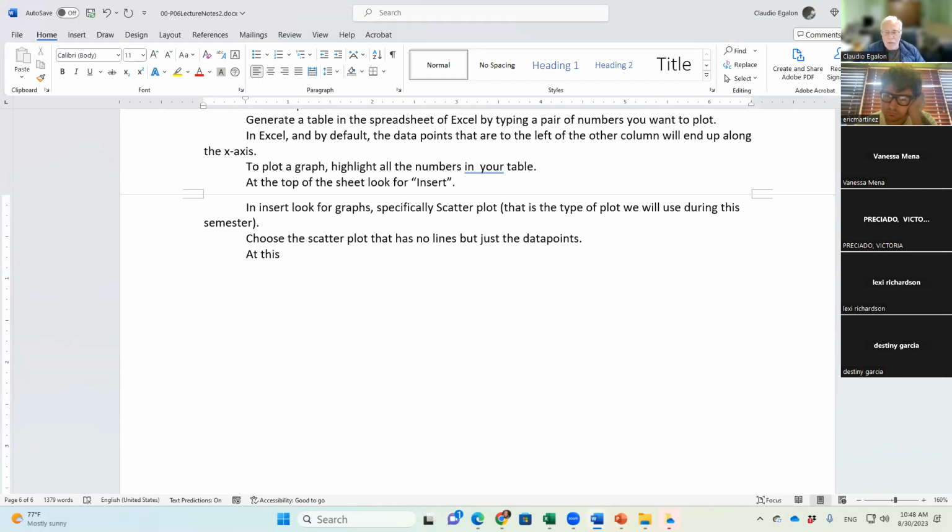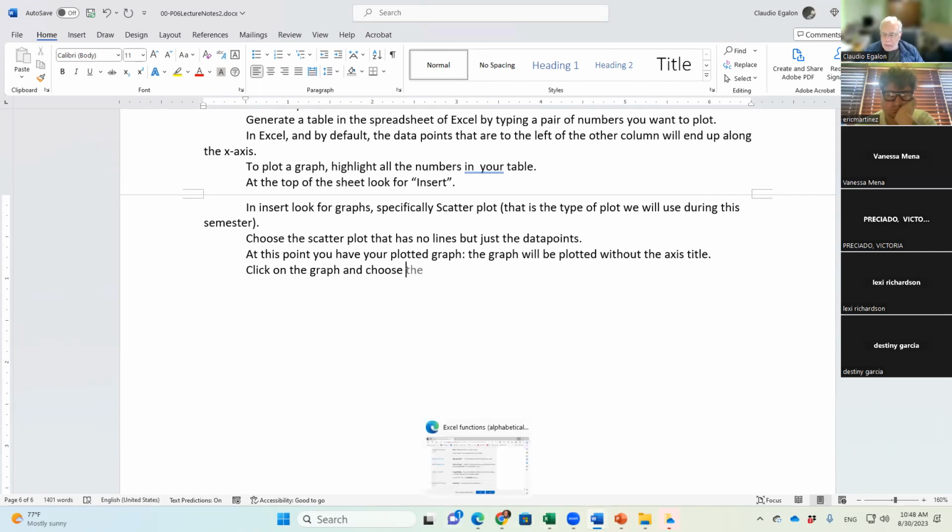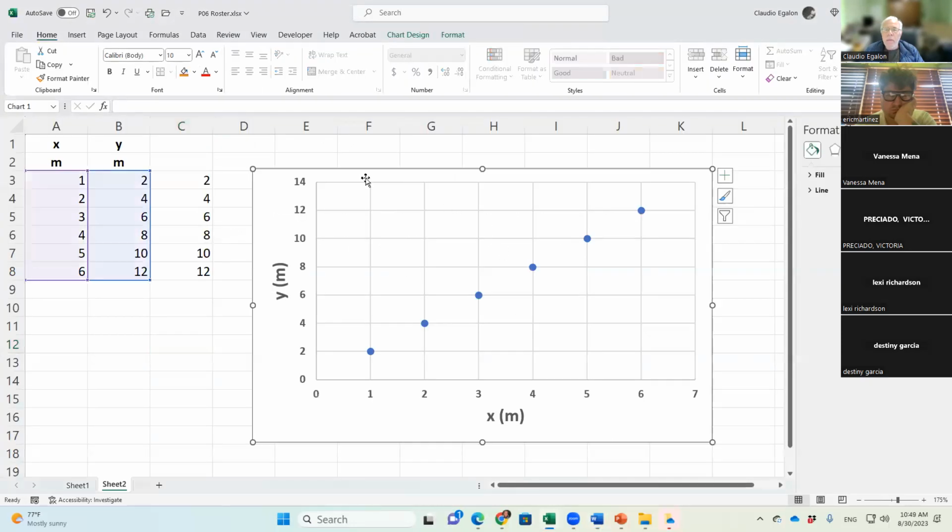Okay, so after you choose the scatter plot, at this point you have your plotted graph, right? The graph will be plotted without the axis title. Click on the graph and choose, what was the option that we chose there?